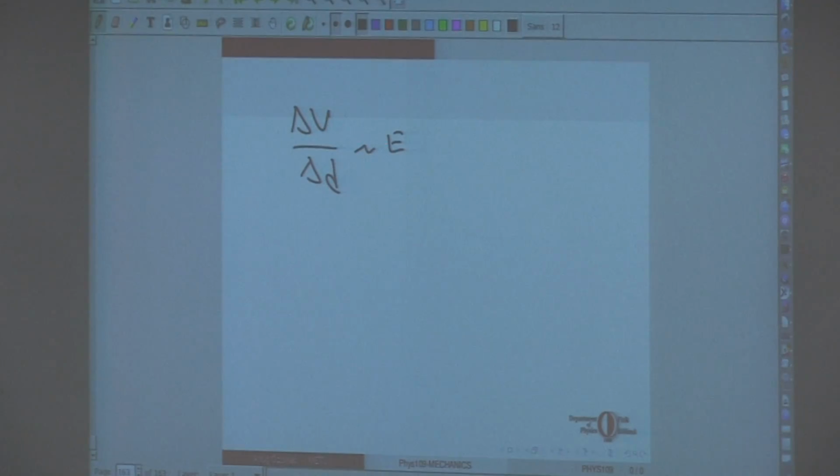Here you see another symbol that we use to mean that these two things are related somehow, they are proportional to. It's not an equality sign. I wouldn't put an equality sign here because the electric field is a vector, whereas the left-hand side in this form is not a vector, but they are just related, the magnitudes.